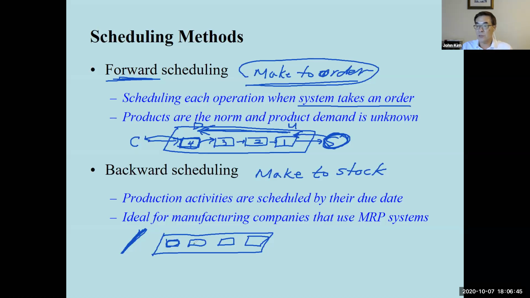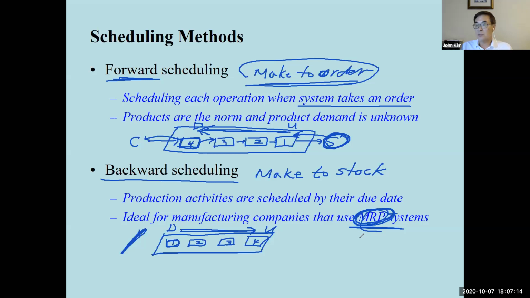So schedule this one first, and second, third, and fourth. So from downstream to upstream, the scheduling order is backward. So backward scheduling. And then the MRP system, we will talk about the MRP system later.